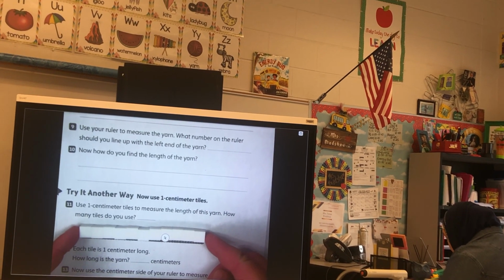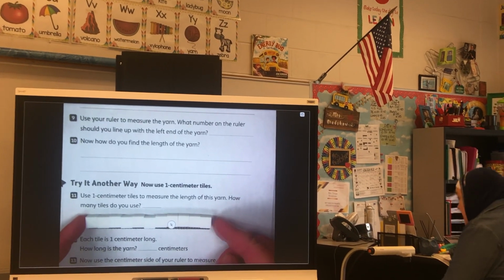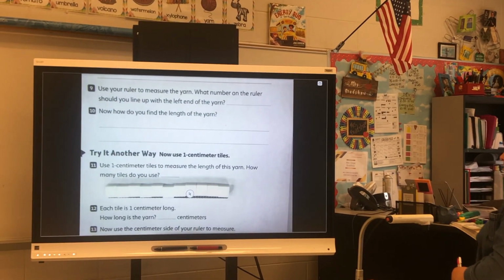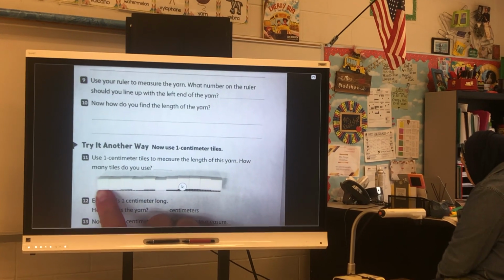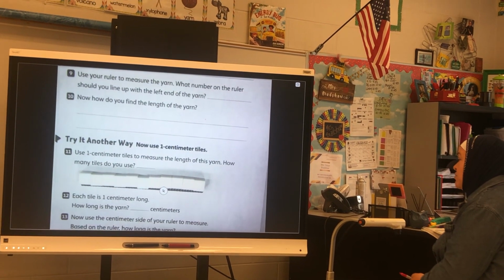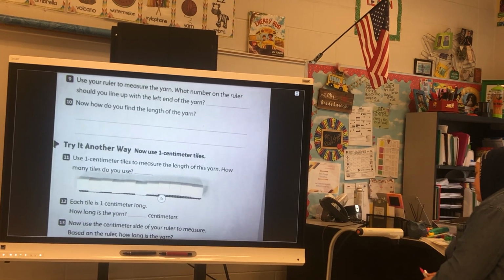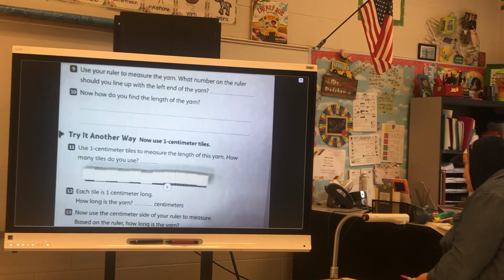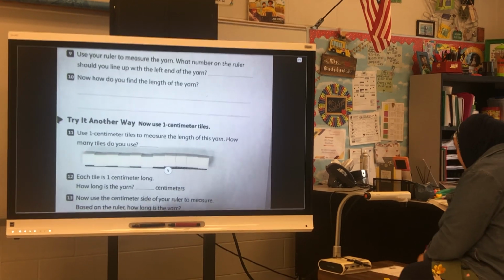Make sure you got them lined up perfectly, because you're not going to get an accurate measurement if they're not touching each other. Okay? So as we counted, each one of these is 1 centimeter long. Does anybody remember as I was doing it, I was counting? Okay?